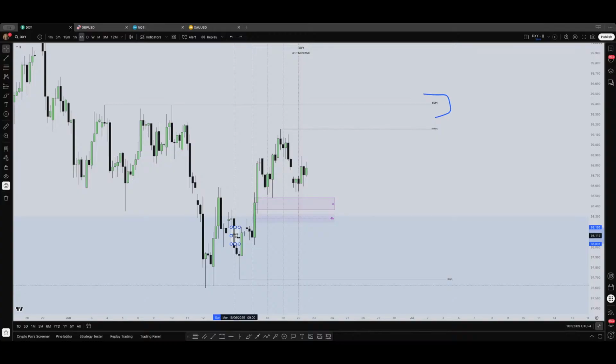It used to be a resistance, now it's a support. So you're expecting price to come down, visit the area again, and you're expecting price to go higher, no? In this case, because this is like a support.